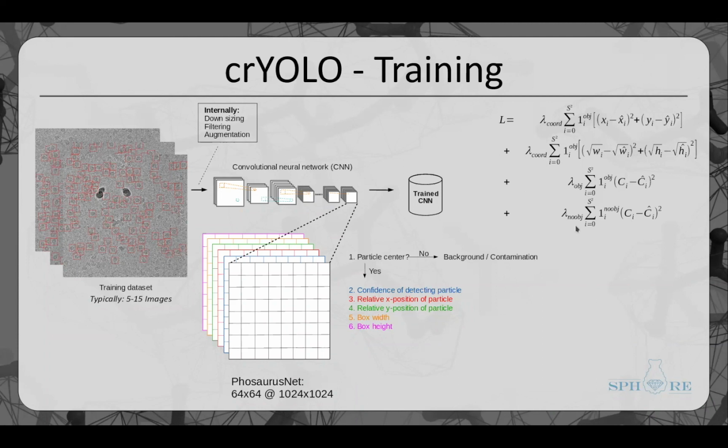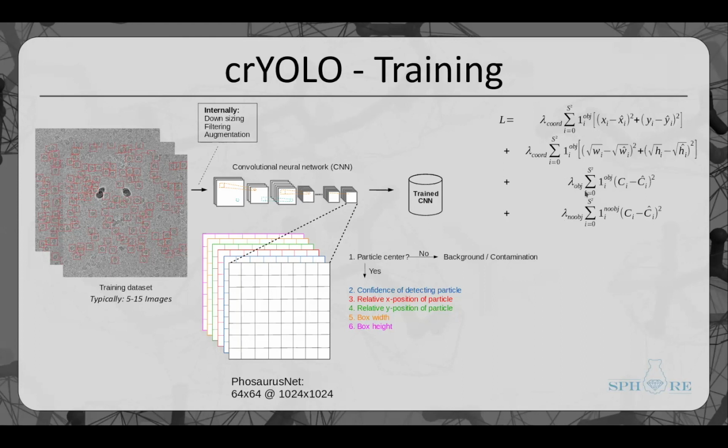So boxes that contain the center of a particle should show a confidence of 1, and grid cells that don't contain the center of a particle should have a confidence of 0. And then you have these weights in front of each term. In crYOLO, we put a much higher weight on errors where crYOLO does not pick a particle that you have selected.